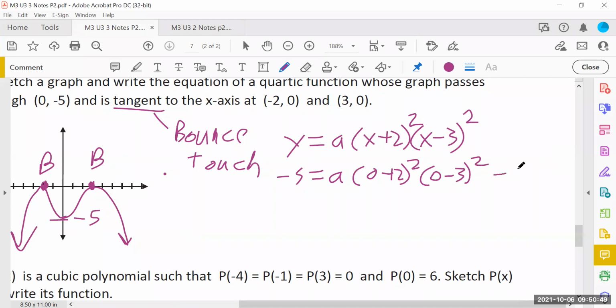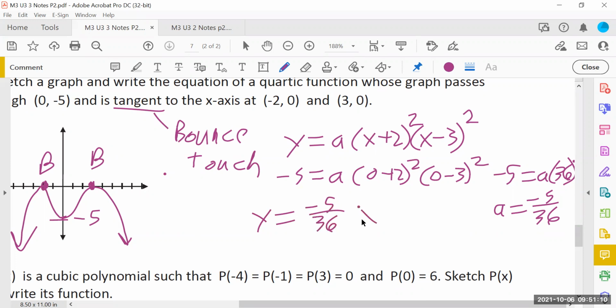I end up with -5 equals a times 36. Divide both sides by 36. A is -5 over 36. It doesn't simplify. I end up with y equals -5 over 36 times x plus 2 squared times x minus 3 squared.